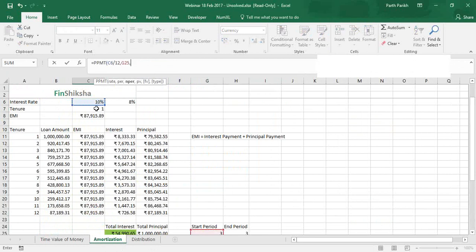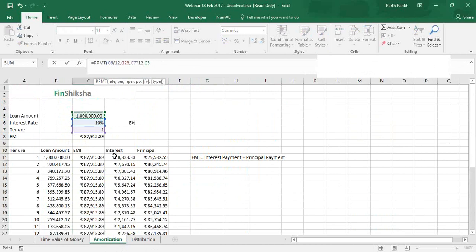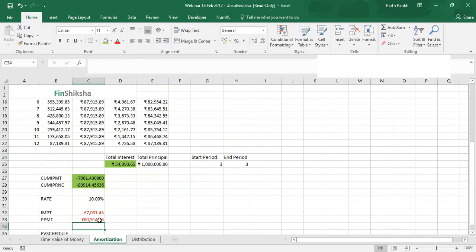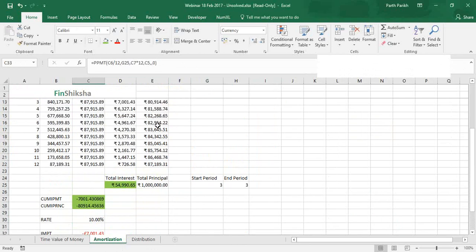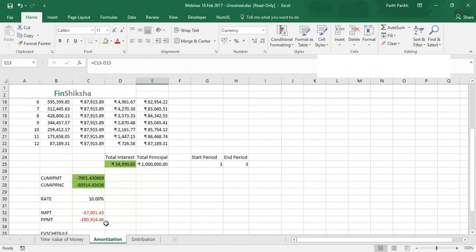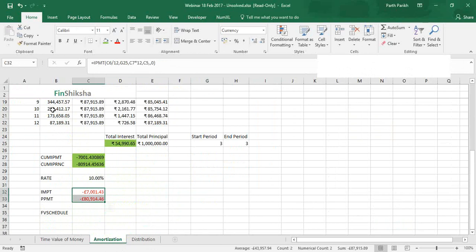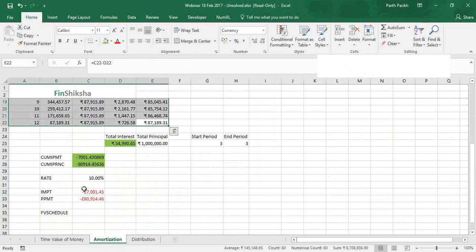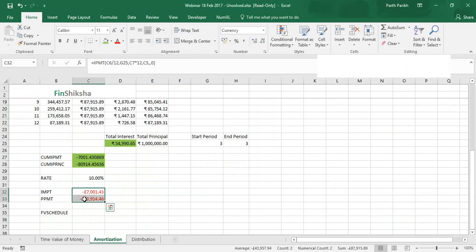Number of periods would be 1 multiplied by 12. My present value is this 10 lakhs, at the end of the period. So in the third period I paid principal of 8914. This is useful when I don't want to make the entire amortizing schedule and I directly want to get the output. So that's the prima facie for this formula.